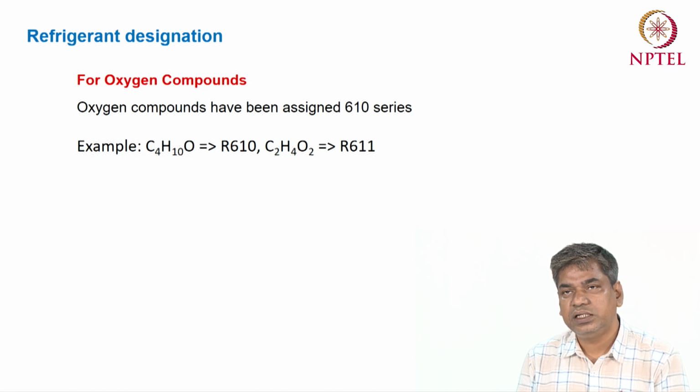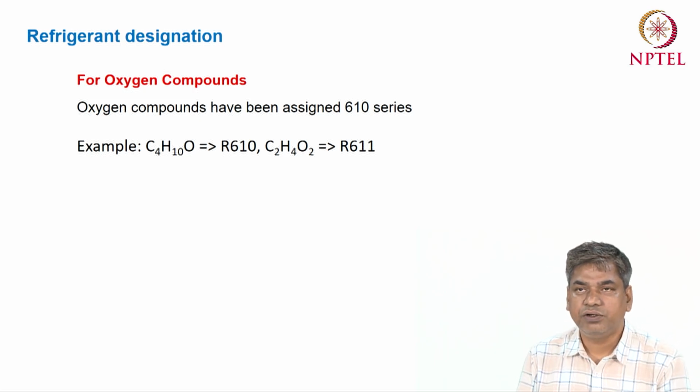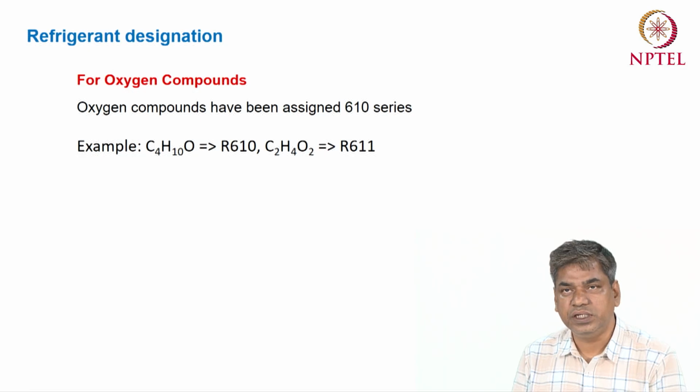Similarly, for another refrigerant, say C2H4O2, an oxygen compound is also there, so we can give an arbitrary nomenclature number like R611. R611 is the nomenclature for this refrigerant.